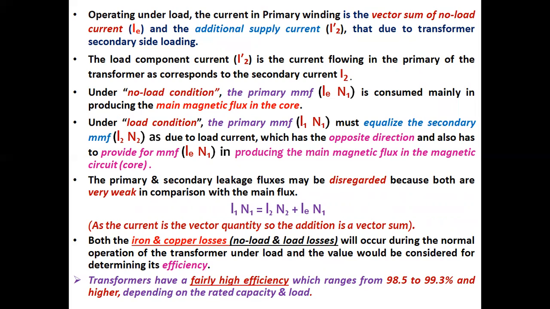Under no load condition, the primary magnetomotive force IEN1 is consumed mainly in producing the main magnetic flux in the core. Under load condition, the primary magnetomotive force I1N1 must equalize the secondary magnetomotive force I2N2 due to load current, which has the opposite direction, and also has to provide for magnetomotive force IEN1 in producing the main magnetic flux in the magnetic circuit, that is the magnetic core.